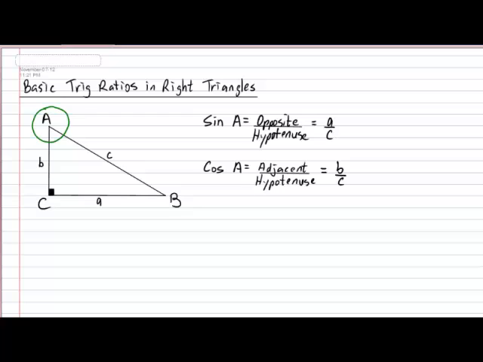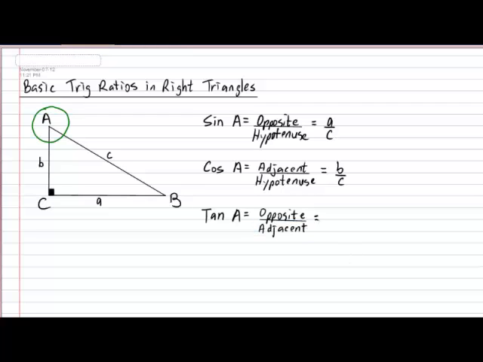And the third trig ratio that is extremely common is called the tangent, and that is normally abbreviated as TAN. If we say the tangent of angle A, then what we are referring to is the ratio formed by the length of the side opposite of angle A, which we normally denote as opposite, versus the length of the side that is adjacent to angle A, normally denoted as adjacent.